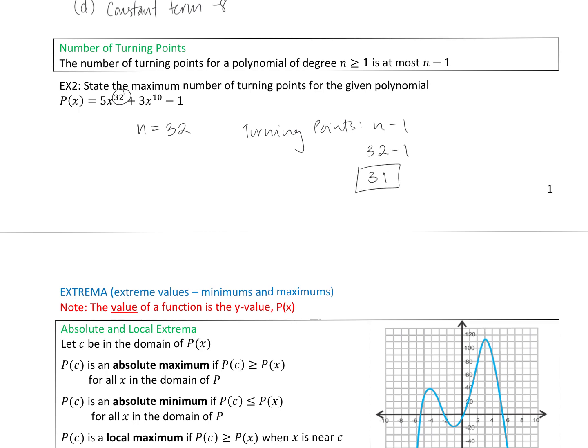So the maximum number of turning points is 31. You just take your highest exponent and then subtract 1.